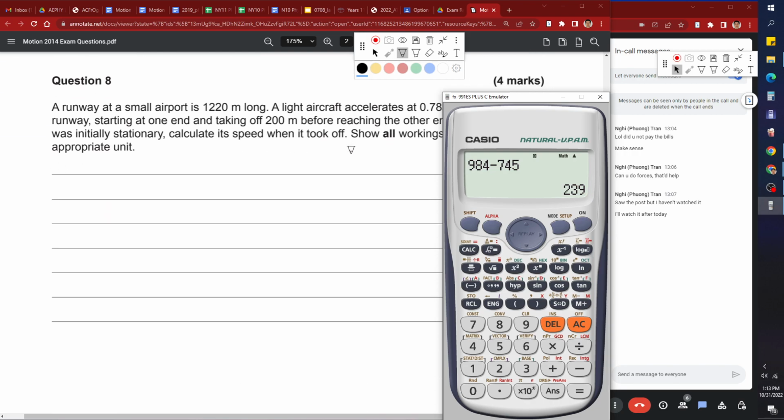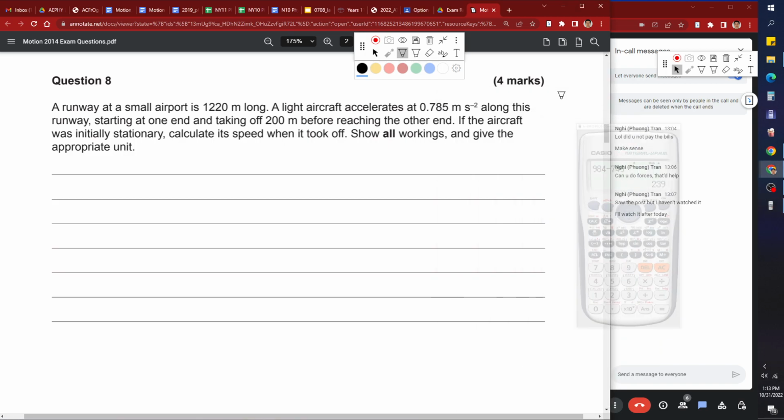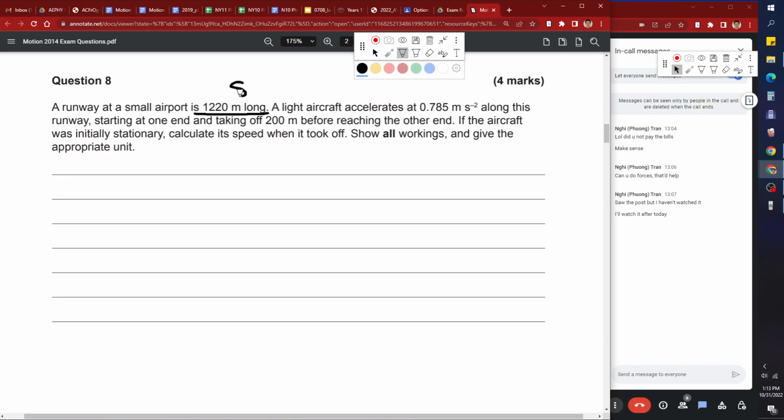Okay, we're looking at question 8 here. It's just saying that there's a runway, and the runway is this long, so that's the length, a distance, whatever, so it's going to be our S, our displacement.